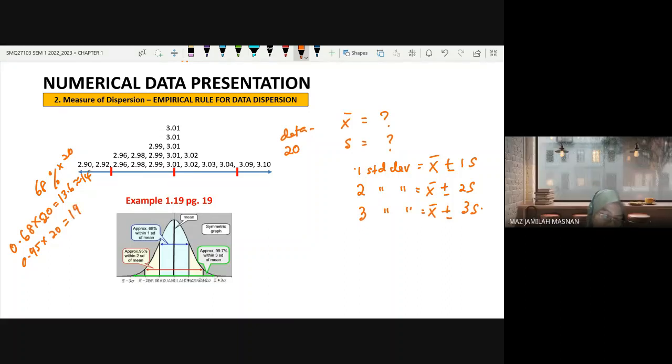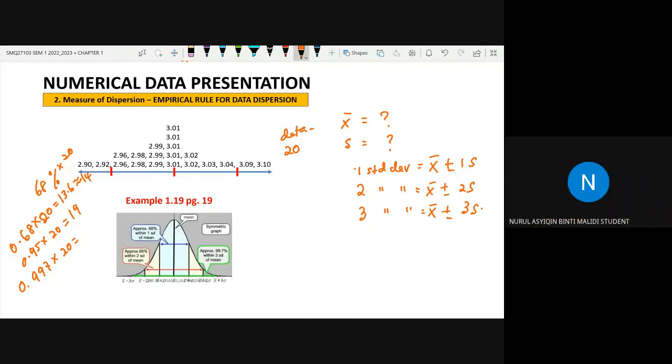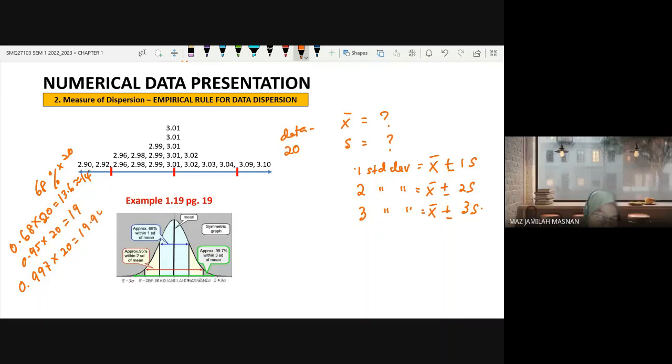Okay, 0.997 multiplied with 20 is 19.94, which means 20. So for 68%, there will be 14 data inside.